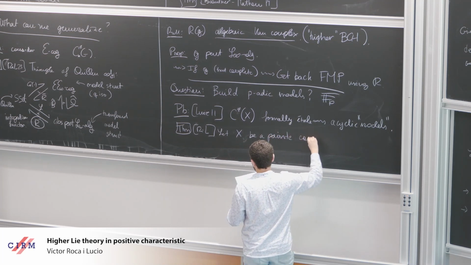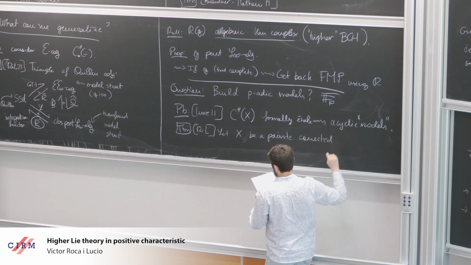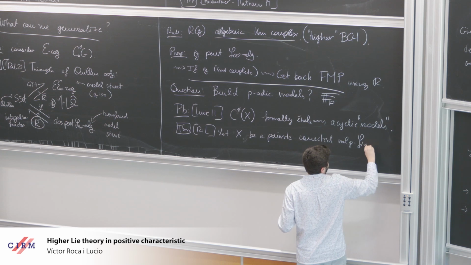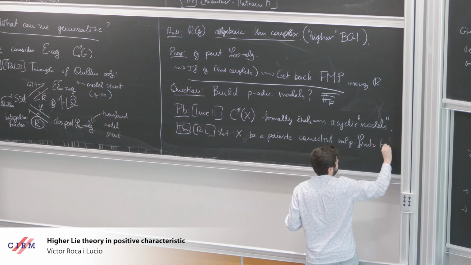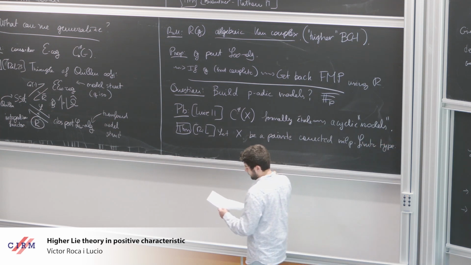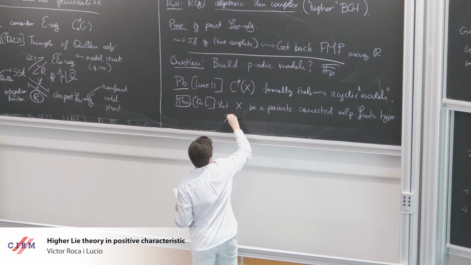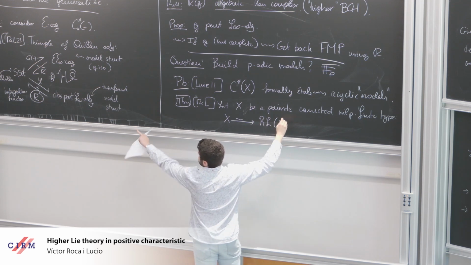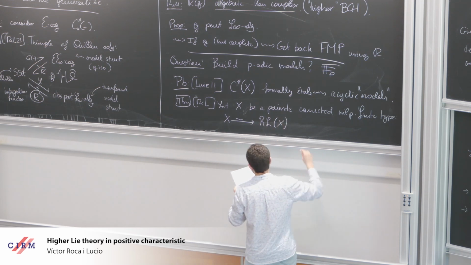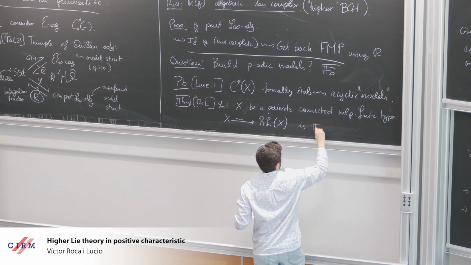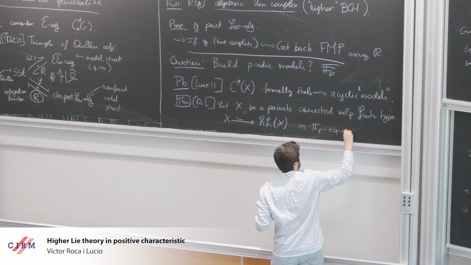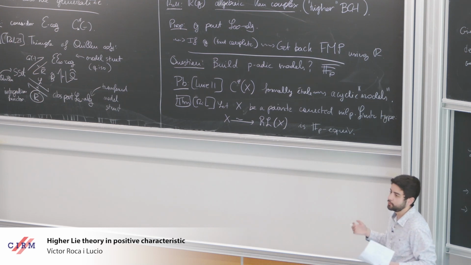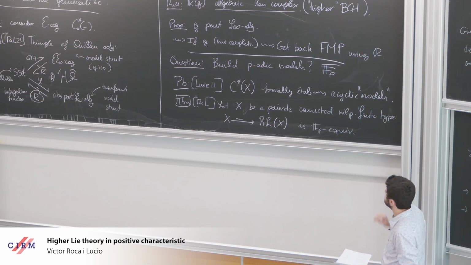If X is a pointed, maybe connected as well, finite type space, then the unit of this adjunction is an F_p equivalence. So we do get p-adic models using these partition Lie algebras.